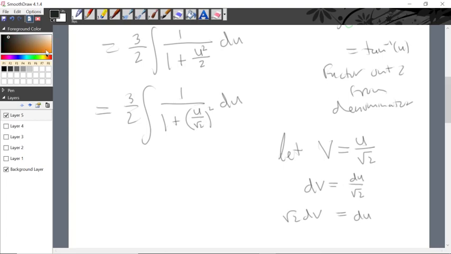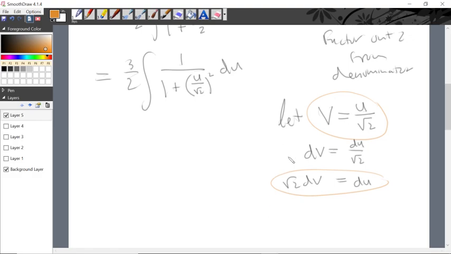All right. So here's what we have. v is equal to u over root 2, so we're going to replace this with v. And du is going to get replaced by this, root 2 dv. So here's what we have: 3 over 2 integral 1 over 1 plus v squared, and then du is square root of 2 dv.